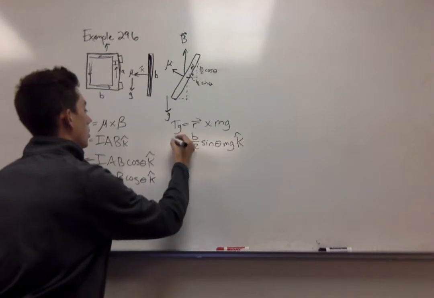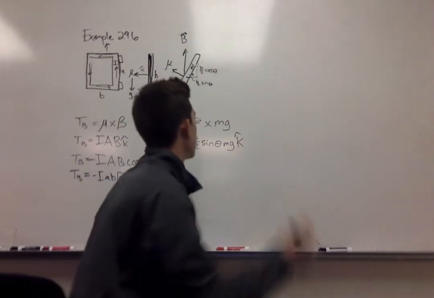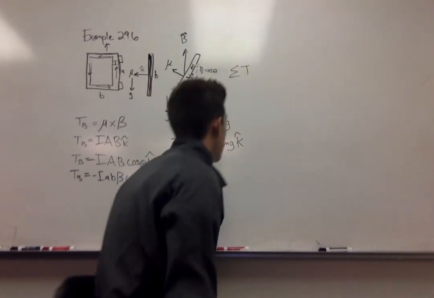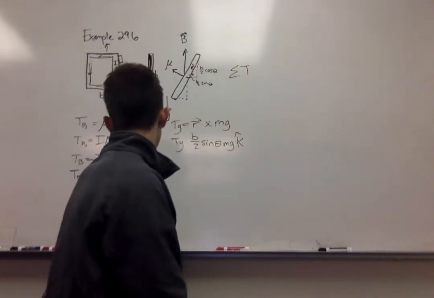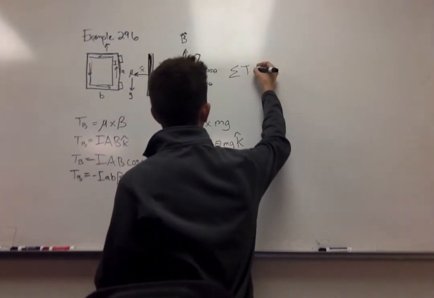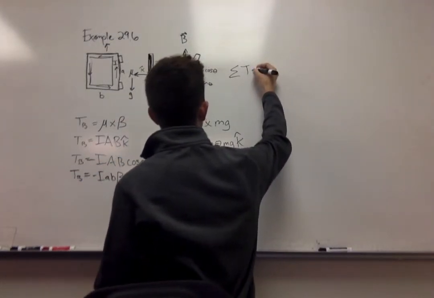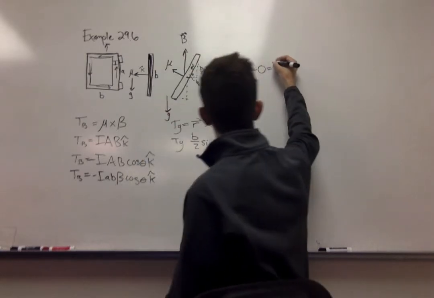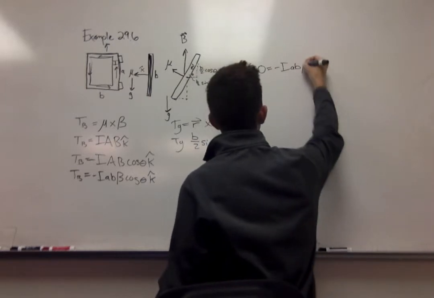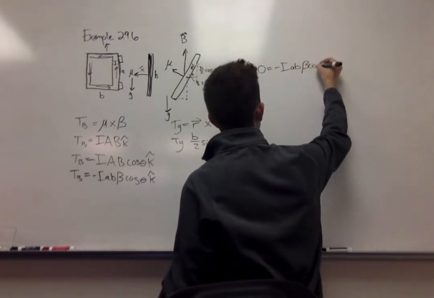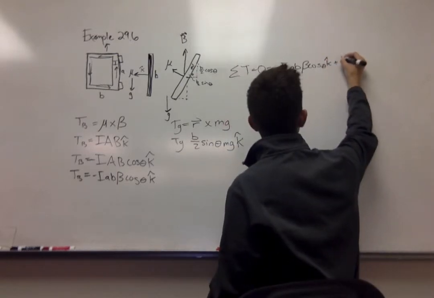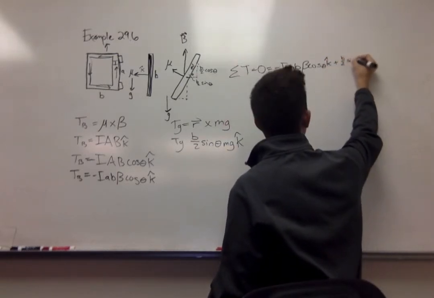So then what we can do is come all the way over here and add these together because they both equal 0. So we have, which is equal to 0, minus I A B cosine theta k hat plus b over 2 sine theta mg k hat.